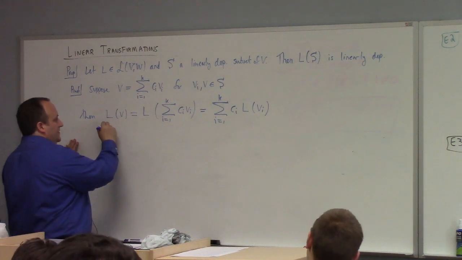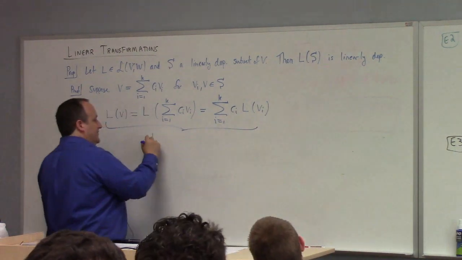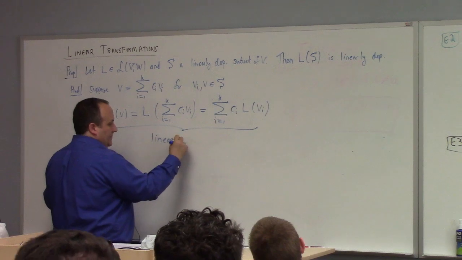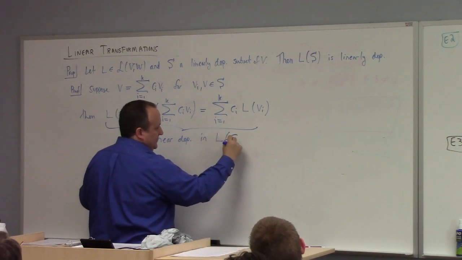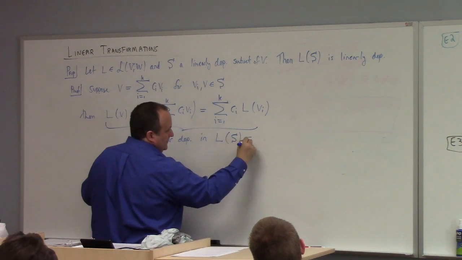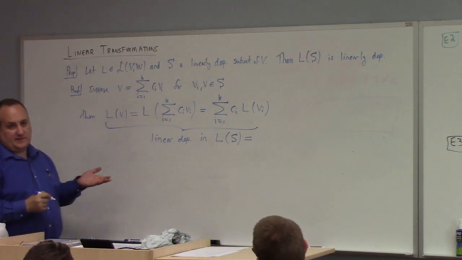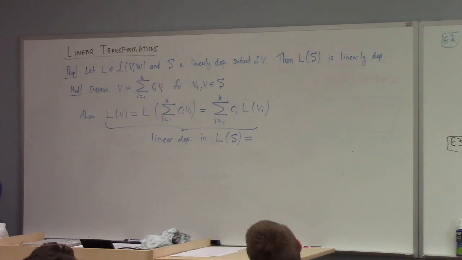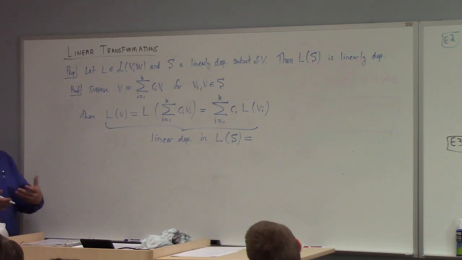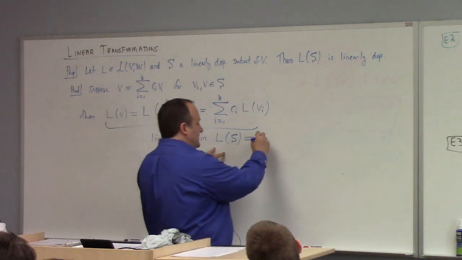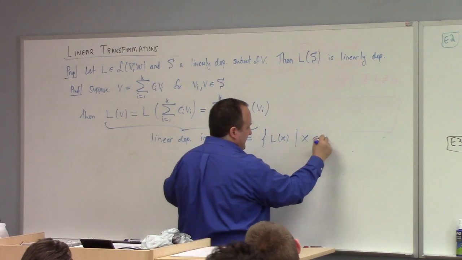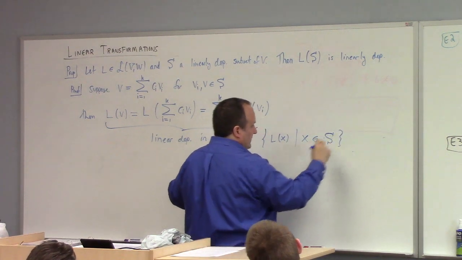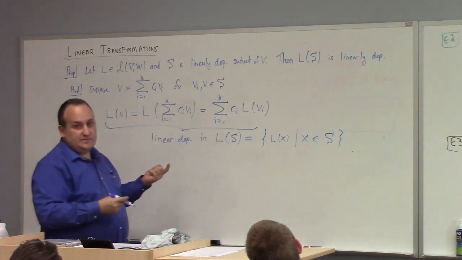Right, so this right here is a linear dependence in L of S. What is L of S? What's that mean? L of S is the function L applied to all of the things in S. It is a set of things. So by definition, this means L of x such that x is in S. That's all this means, all right? It is a set of elements.